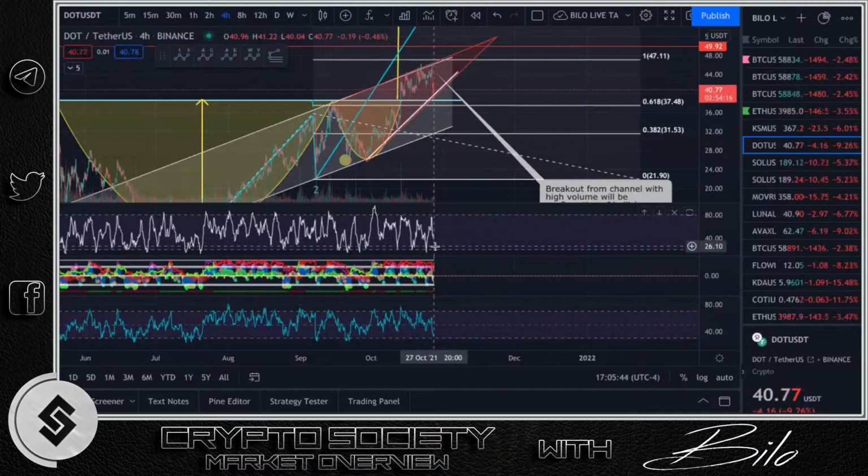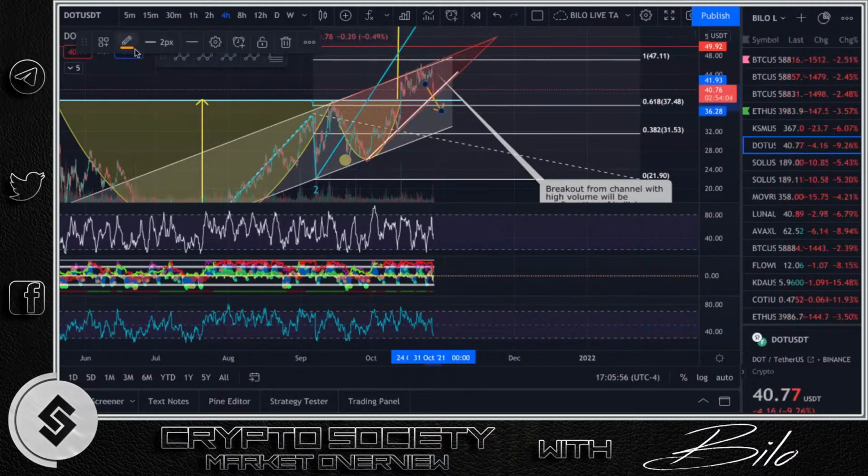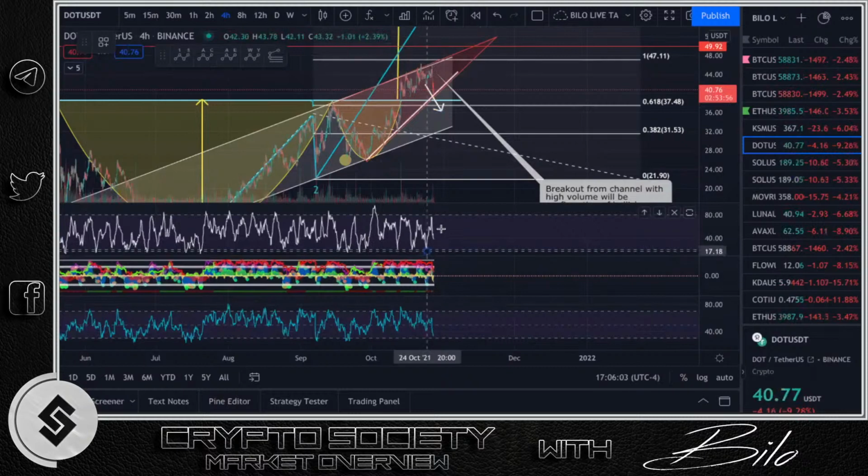RSI doesn't show it, but money flow index definitely shows it. We have very clear bullish divergence at this point. So what does that mean? That means that as DOT made a lower low, I'm just going to change the color. Sorry, guys, it's a lot of colors. As DOT made a lower low, the money flow index made a higher low. That's the definition of bullish divergence.